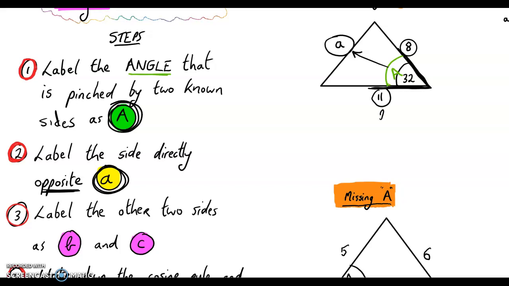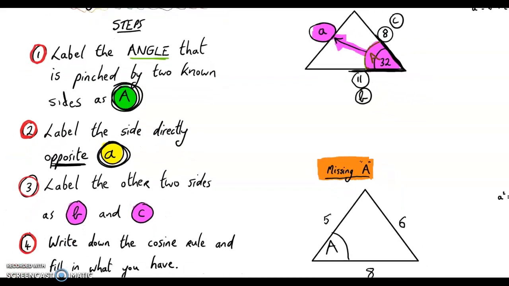So I could call this one B and this one C, or the other way around. All that's really important is I have my angle labeled correctly as capital A, and the side directly across from it as small a. And then the other two sides are B and C, and it doesn't matter which is which. Okay, so those are the first 3 steps.